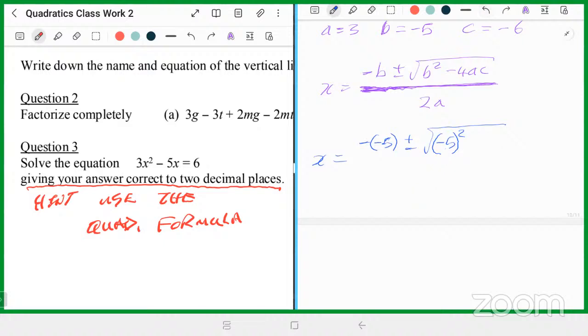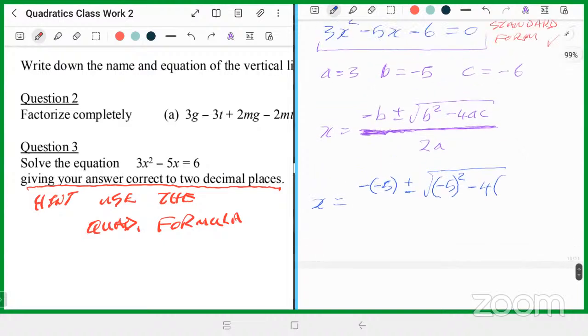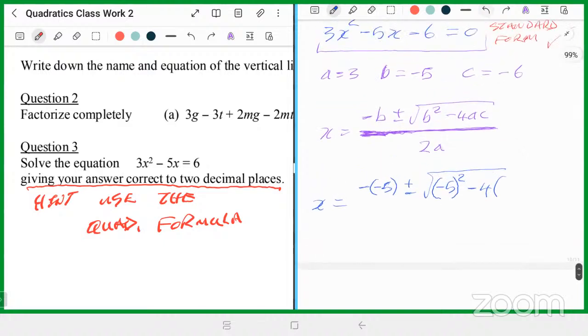All right? And then now we're going to minus 4 times the a. In this expression, the a is 3, times the c. The c is negative 6. Some persons have the negative 6 here and still put 6 there. It's a negative 6 that you're putting there. And then remember, it's everything over the 2 times a.